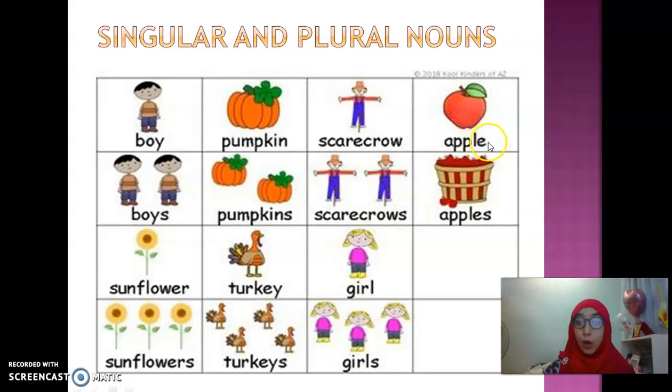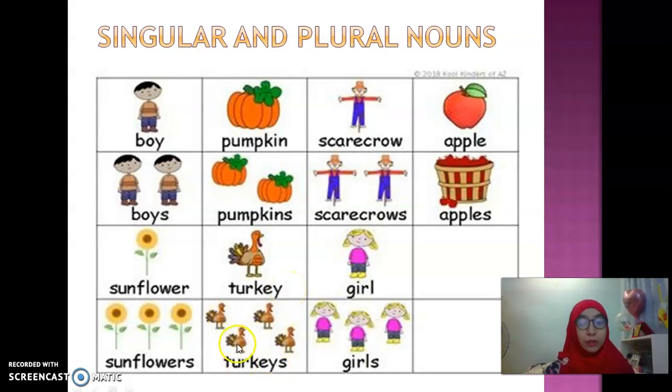Apple, no S, one, singular. Apples, S, many, more than one. Sunflower, no S, so one. Sunflowers, S, more than one. Turkey, no S, one.